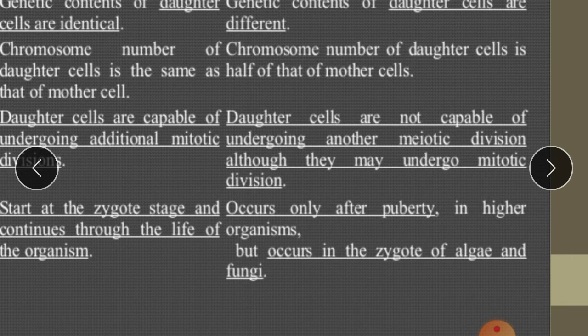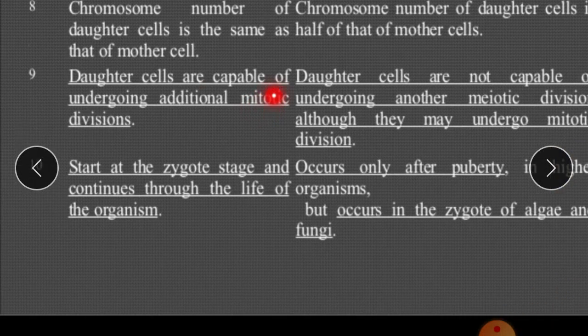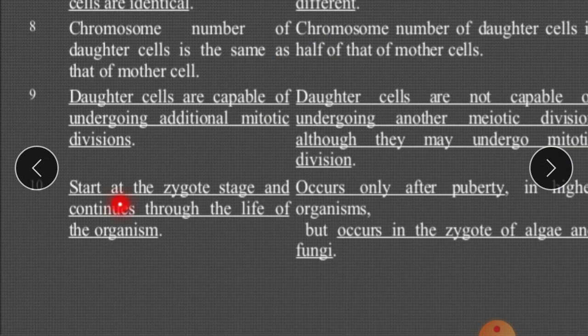Later on they have entered into meiotic division. Mitotic cell division starts at the zygote stage and continues through the life of the organism. Means the zygote undergoes division by mitotic division. This is called cleavage. Okay, so because of the cleavage, the zygote becomes multicellular.